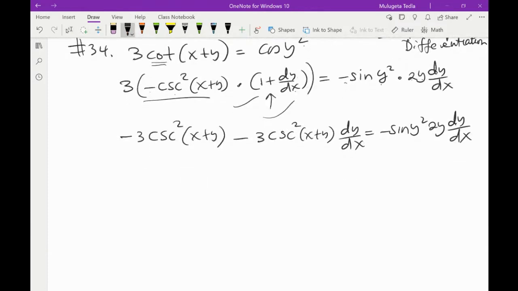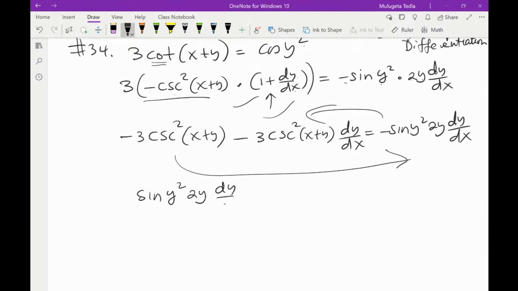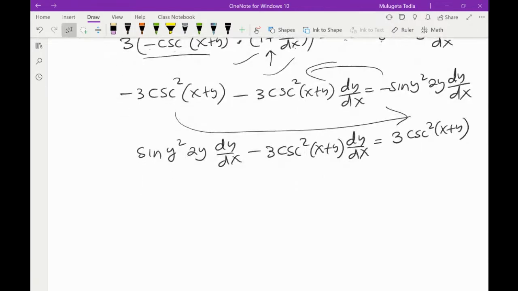So I could bring this to the left and take this to the right. So sine y squared 2y dy by dx plus or minus 3 cosecant squared x plus y dy by dx, which will be equal to positive 3 cosecant squared of x plus y. Then I have a common factor here, dy by dx.